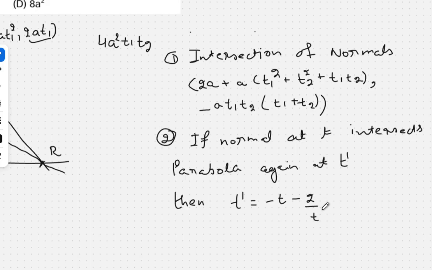You might be thinking that even if we get t dash, the point is 2at dash square comma 2at dash, so how is that going to help? In that case, you can always go by the easier coordinate, the y coordinate. Comparing the y coordinate will be easier.